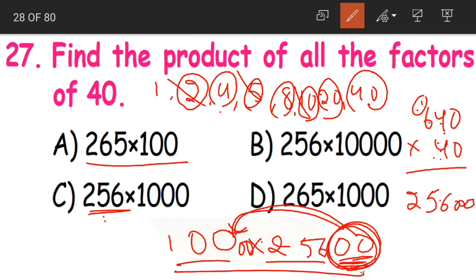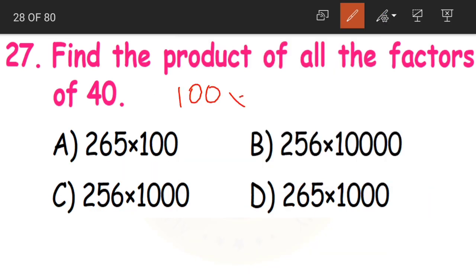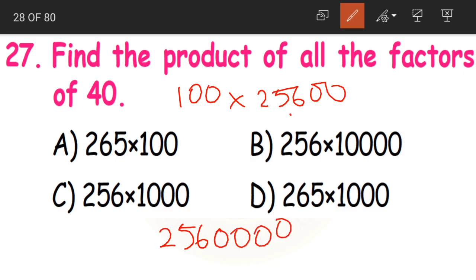See, 100 into 25600. If we multiply, our product will be this 256 and after that we are placing 4 zeros here.